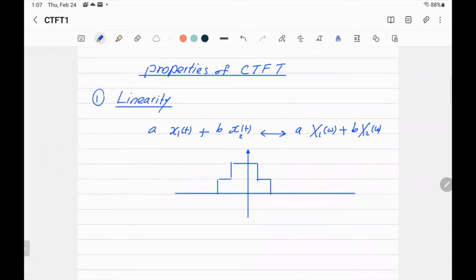That's 2, 1, 2, and you get 1, 2, -1, -2. That's x of t. And the question is, find the Fourier transform of this one. I'll give you 2 minutes.